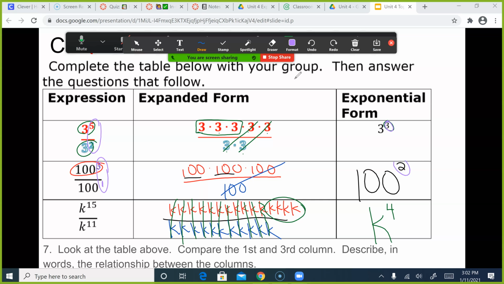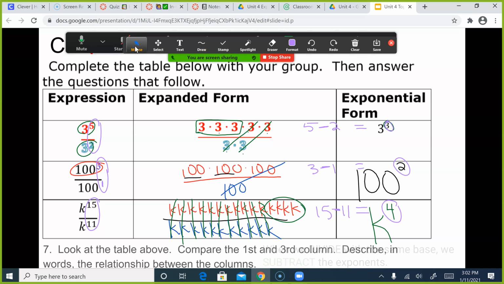And I got a 2. And 15 and 11, and I get 4. So what's the operation? What operation would go there to get 4? 3 and 1, and then 5 and 2. I would have to subtract these in order to get that missing exponent.